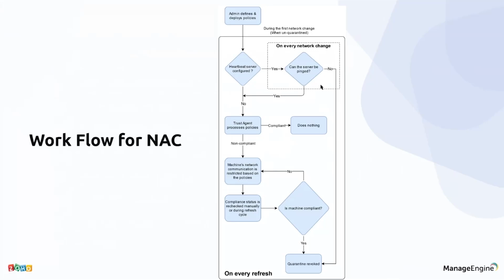We will further discuss the refresh cycle in the upcoming sessions. And the compliance status of the quarantine machines to which you apply the compliance policies will be checked whenever there is an IP change. That is, whenever the machines are reconnected to the network, the compliance is automatically validated. Now let me show you how this can be done.